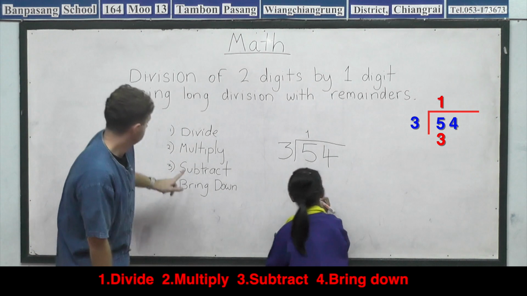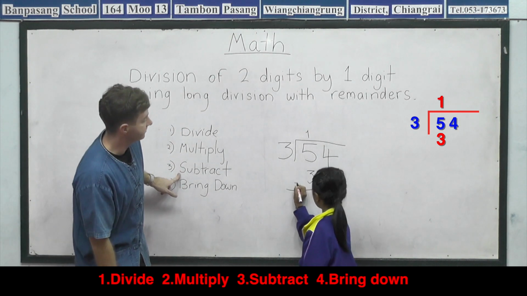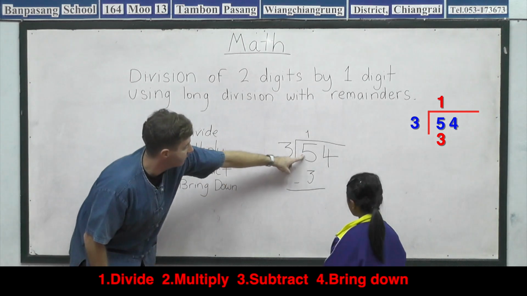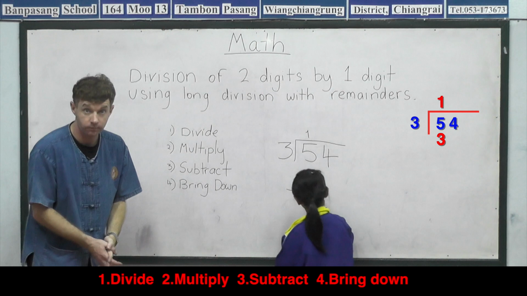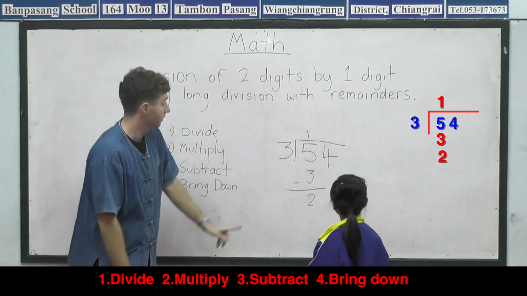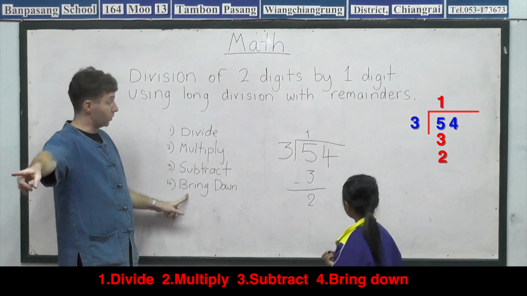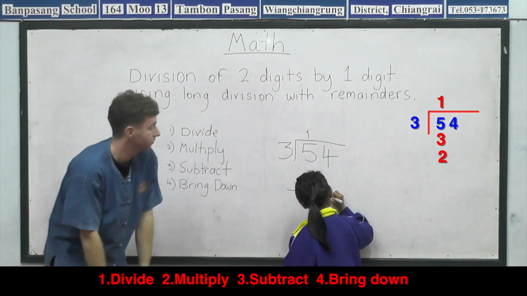Perfect. Step number 3, subtract. Excellent. 5 minus 3 equals 2. So we're not at 0, so we know we have some work left here. And now we bring down. We bring down the 4 to here.